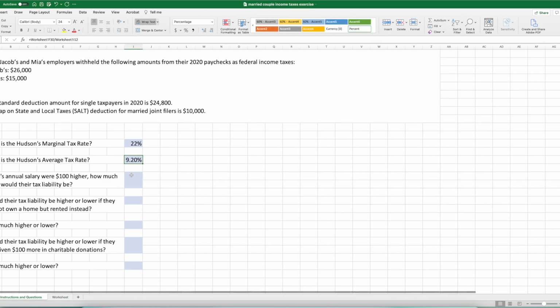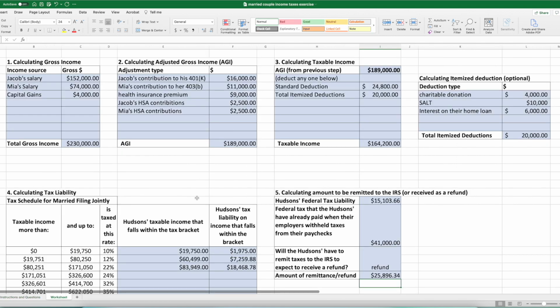Okay, now if Maya's annual salary were $100 higher, how much more would their tax liability be? So one way to do that is to redo these calculations, but giving Maya a $100 raise. So instead of $74,000, her income would be $74,100, and see how these numbers change.